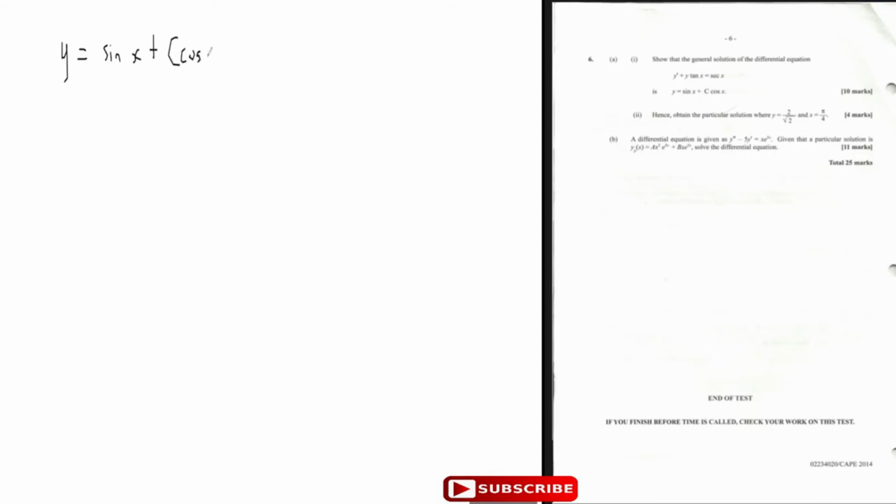Now all you're going to do is find what c is. So when x is pi by 4, y is 2 over root 2. So 2 over root 2 is equal to the sine of pi by 4. I don't like to write so much pi, so I'm going to write 45 degrees: the sine of 45 degrees plus c times the cos of 45 degrees.